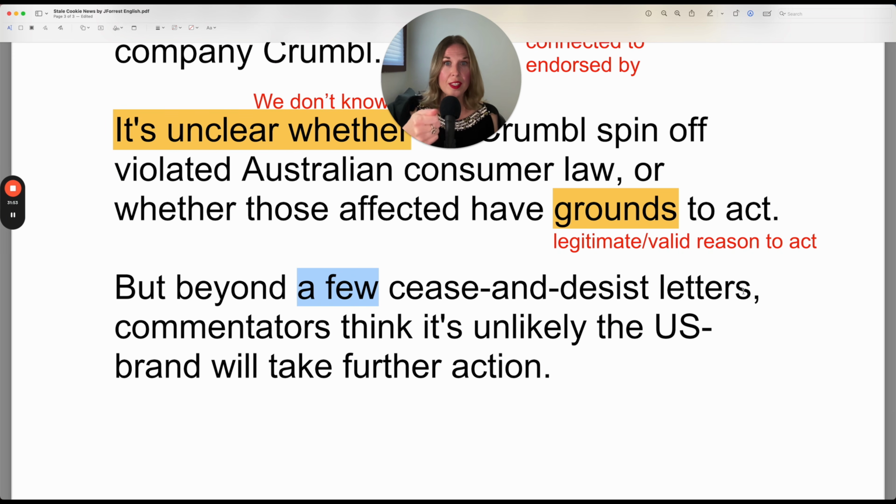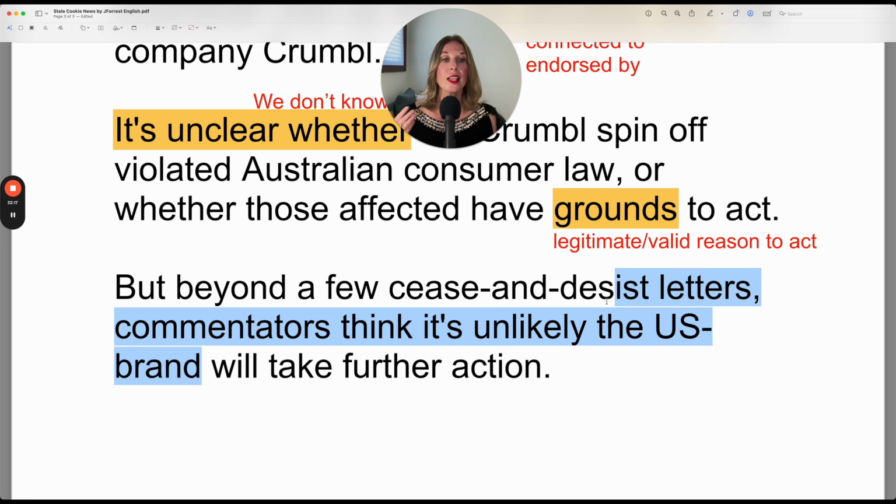If you received a cease and desist letter, it would be a letter officially saying you must stop whatever activity you're doing because it violates something. Beyond a few cease and desist letters, commentators think it's unlikely the US brand will take further action.